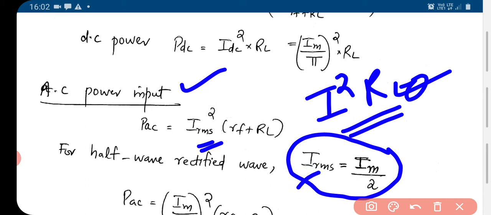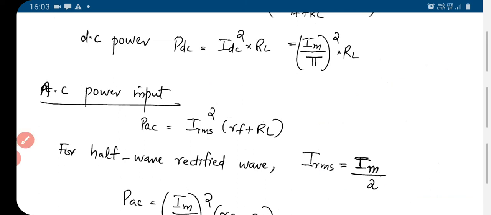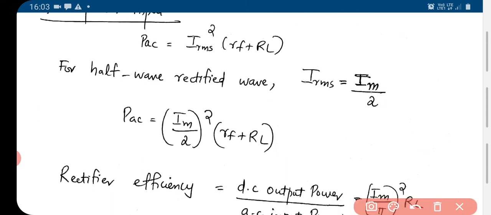RMS is the root mean square current. It represents the AC current, and that is given by Im by 2. We are writing this without any derivation, taking it directly. So PAC is given by Im by 2 whole square into Rf plus RL.